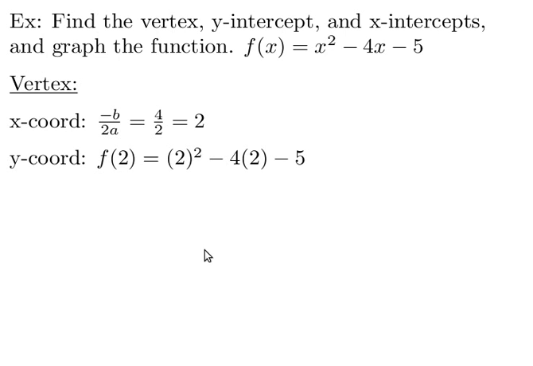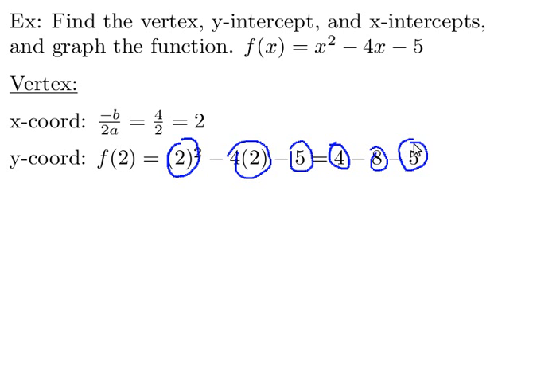Okay, so 2 squared minus 4 times 2 minus 5 is going to equal 4 minus 8 minus 5, because 2 squared is 4, then we still have the negative there, 4 times 2 is 8, and 5 stays the same.